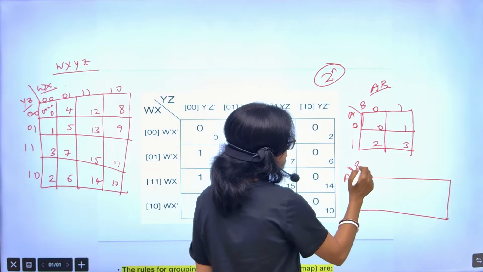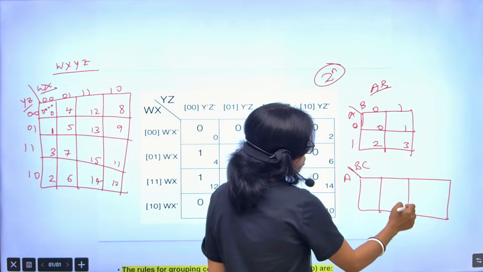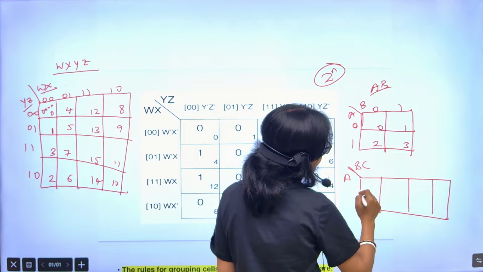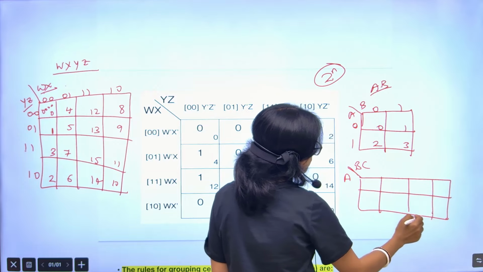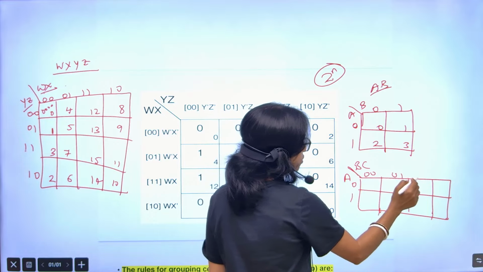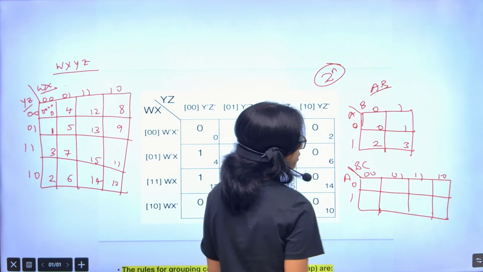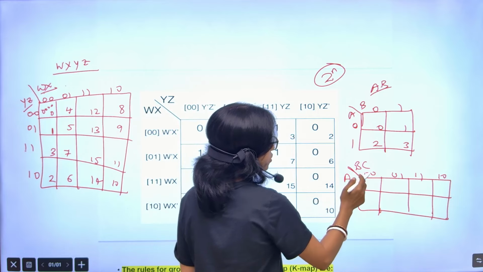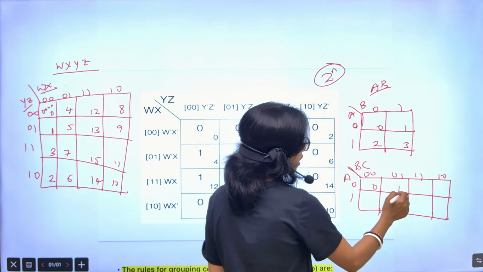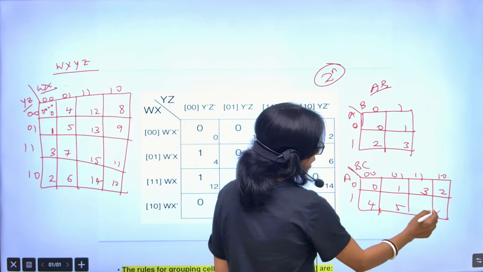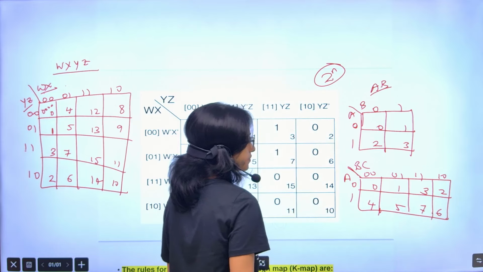This is A, this is B, this is C. So I will get 8 cells. 0 1, 0 0 0 1 1 0 1 1. Now I will read like this way: 0 0 0, that's why 0 1 2 3 4 5 6 and 7.